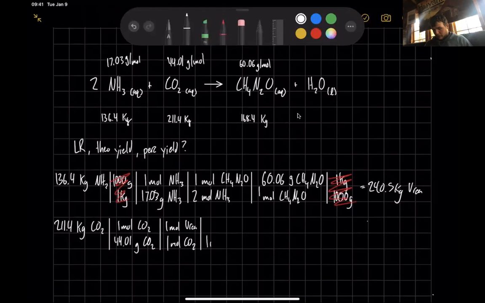And then 1 mole urea is 60.06 grams. Okay, and so this gives you, if you pull out your calculator, 211.4 divided by 44.01 times 60.06, 288.5 kilograms.